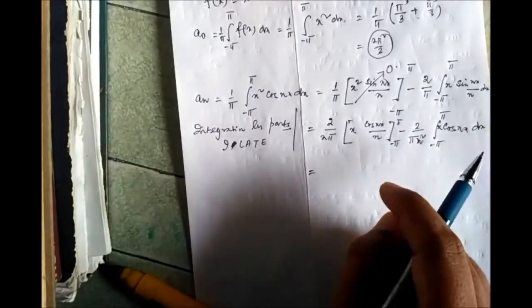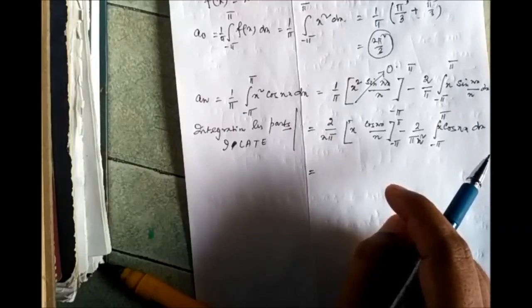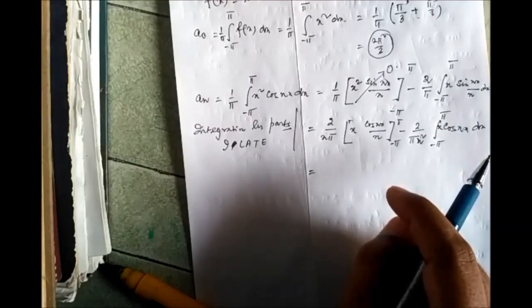Here one term, x, remains, so I integrate this term and x remains as it is, so x cos nx, sine nx.